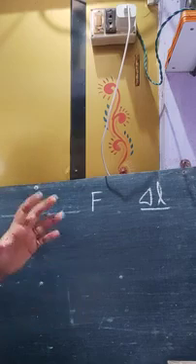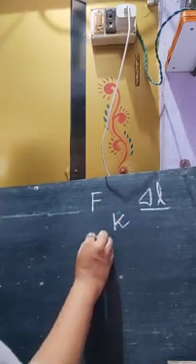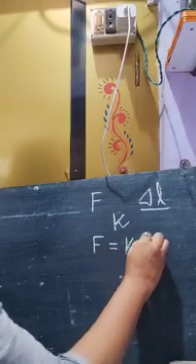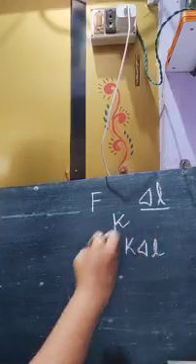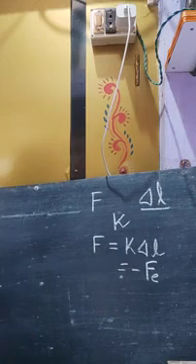We already know that the spring constant is K. So what will be the value of F? The value of F will be K into del L, which you can write as minus F of E.